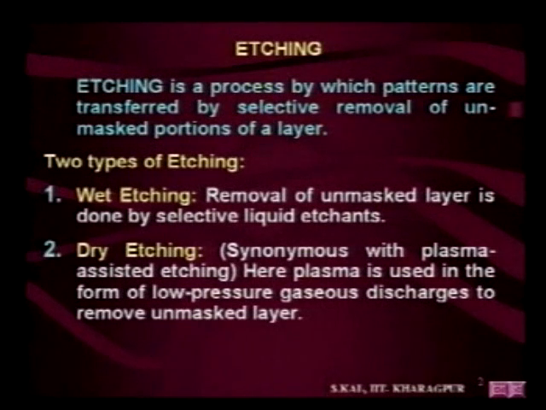Whereas in case of dry etching, plasma is used in the form of low pressure gaseous discharges to remove the unmasked layer. The dry etching, its another name is plasma assisted etching.